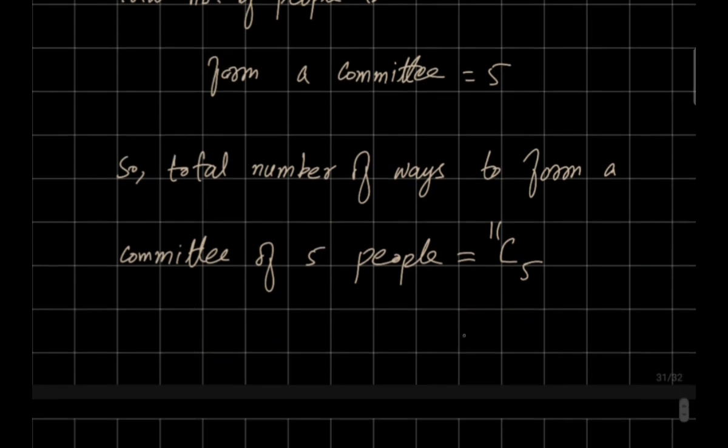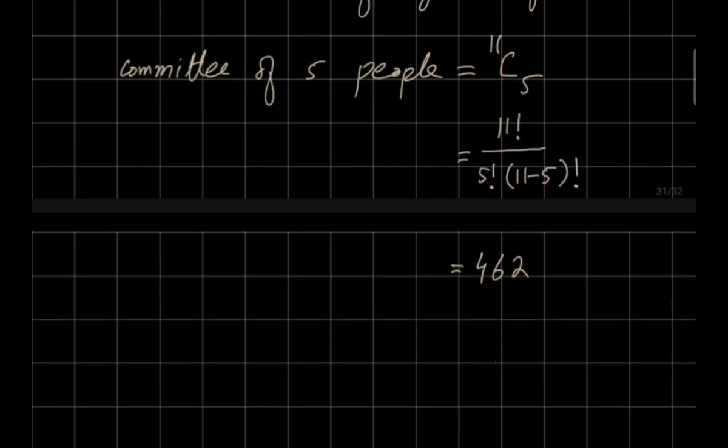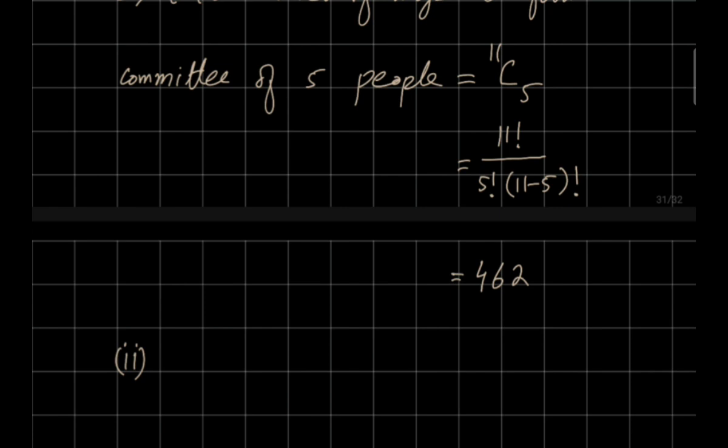So 11C5 is the same as 11 factorial over 5 factorial times (11 minus 5), which is 6 factorial. We will get 462.